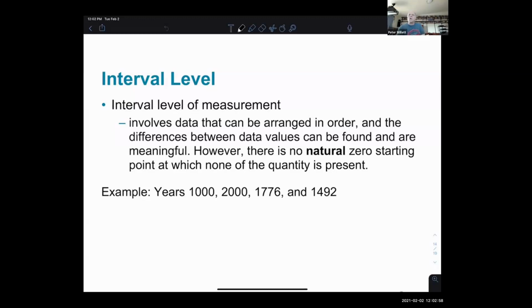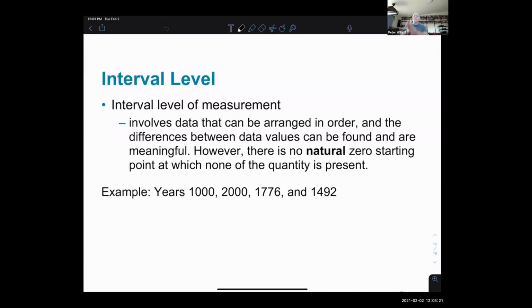So why is there no natural zero starting point? Well, because if you go to the year 0, it doesn't mean that there's no years there. Because you can then go to the year -1 BC, -2, -3, right? So that particular year doesn't mean that there's a lack of something.